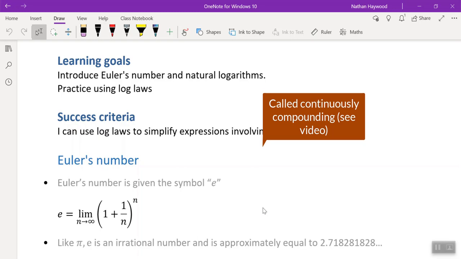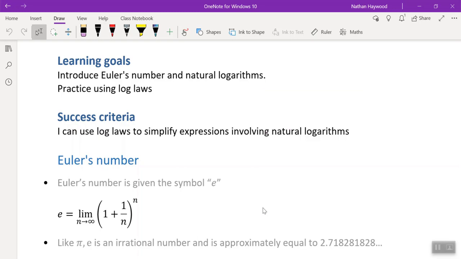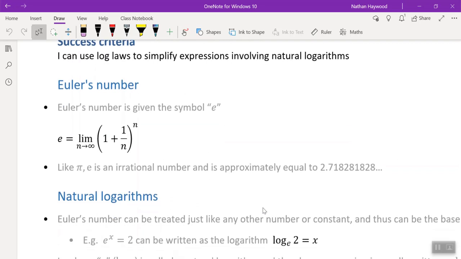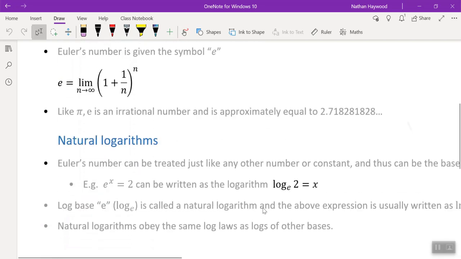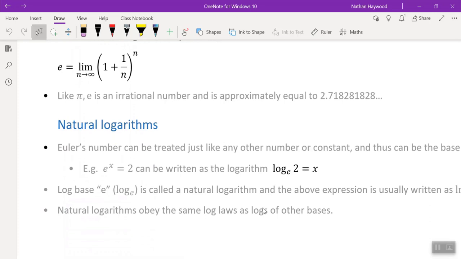So it's irrational. You can see it has a non-repeating decimal. Irrational number. So pretty much what I just showed you before. So if you have e to the x equals 2, you can write log base e of 2 equals x. Okay?